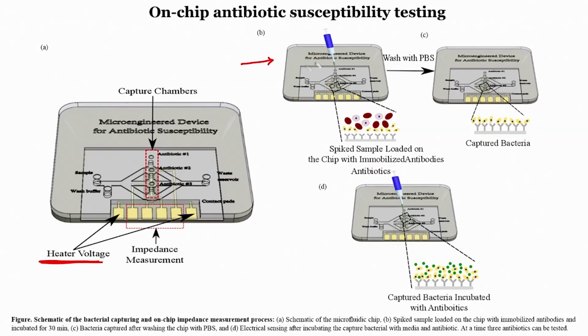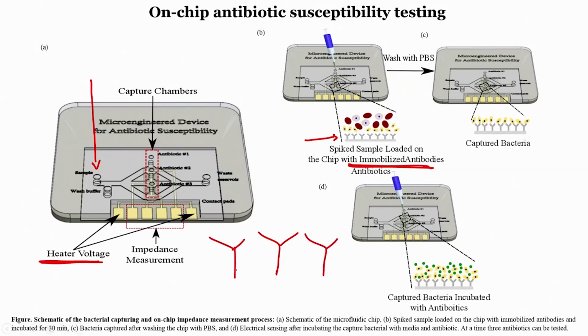After loading antibodies, what will we do? We will load a sample at the inlet of the microfluidic chip. It is easy to see in this diagram, right. Assume that the chamber has the immobilized antibodies, which look like this gray Y, like this.